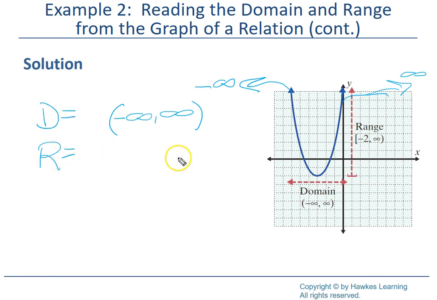Now for the range, again, we're going to project these blue lines over to the y-axis here. So it starts there at -2 and goes up to positive infinity. Okay? And for some people it's hard to imagine that this eventually goes out this way. But again, infinity is a concept just going on forever.